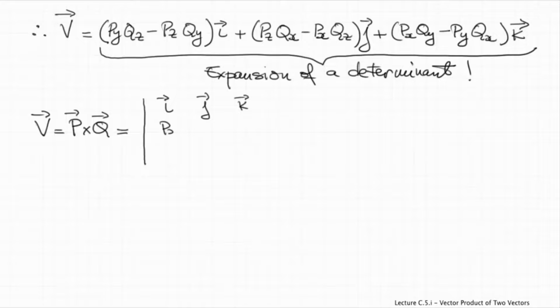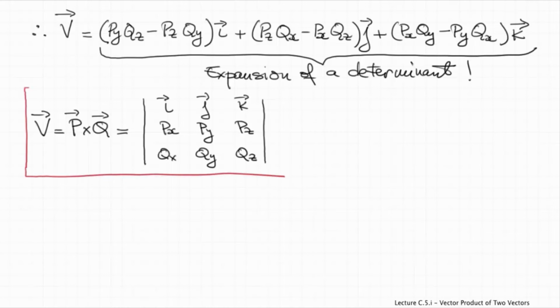If you reverse engineer the above expression, the determinant corresponding to it will be ijk on the first line, the components of p on the second line, and the components of q on the third line. Very important expression that you need to remember, because we will use it extensively in solving three-dimensional problems from now on.